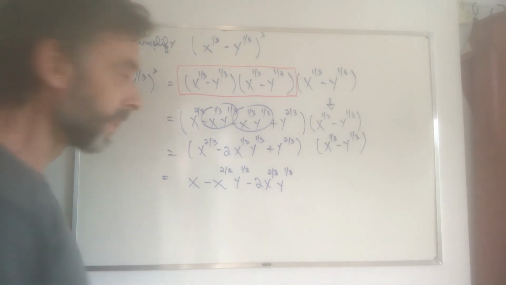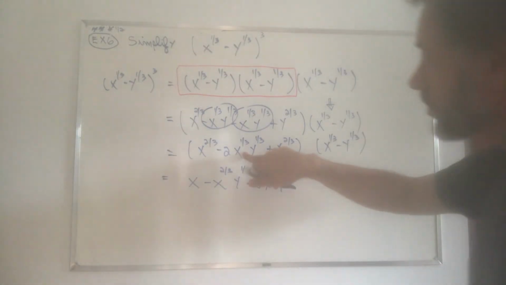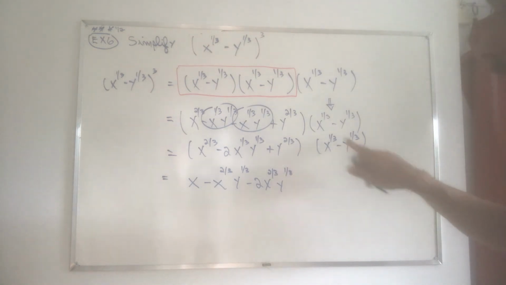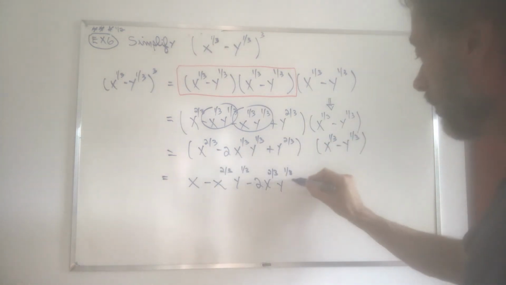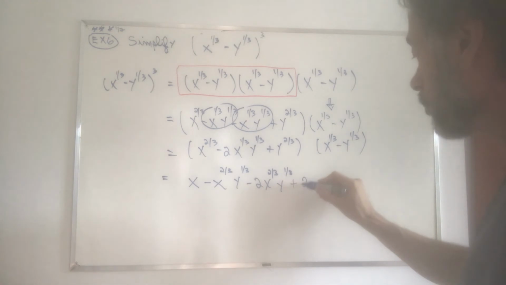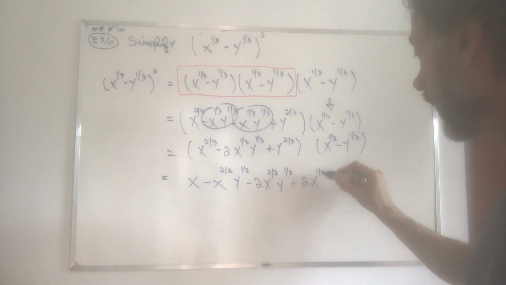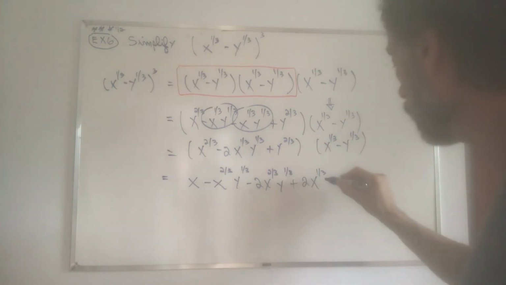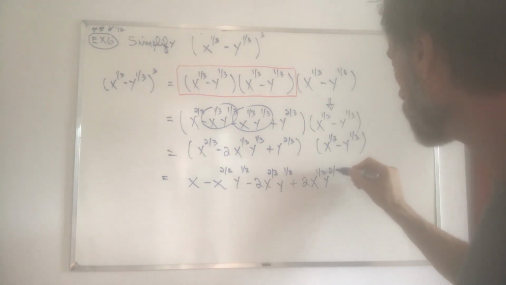Agreed? Minus 2x to the 1/3 y to the 1/3 times minus y to the 1/3. First of all, minus minus will be a plus. And then I'll have 2x to the 1/3. And what about y to the 1/3 times y to the 1/3? That would be y to the 2/3. Okay, we're getting there. Hang on.